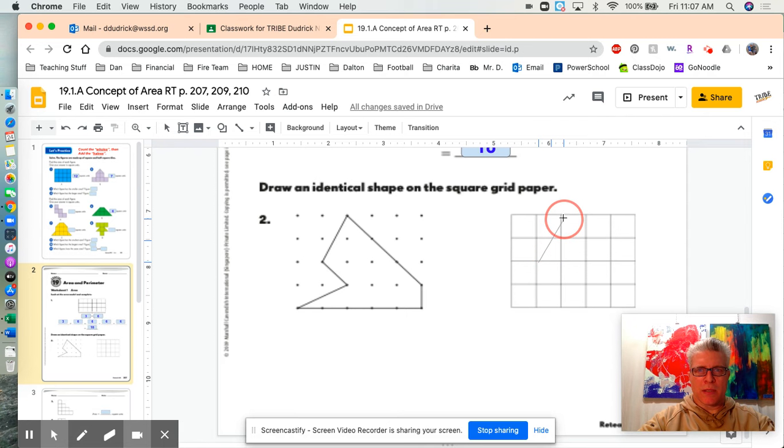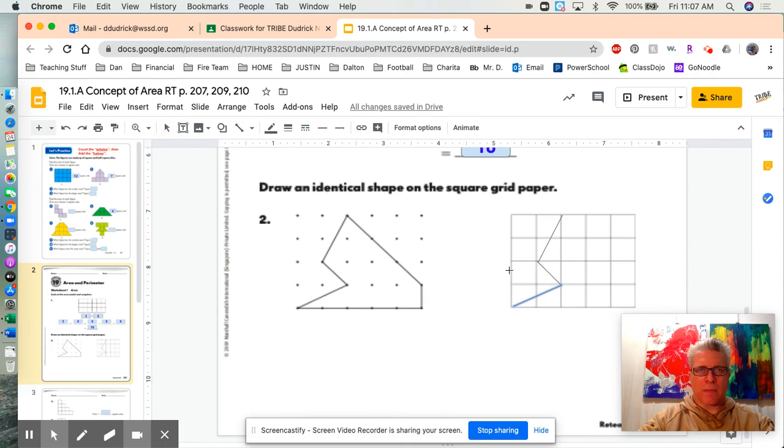from here to here. Then we're going to come back to the line button, and we're going to come down and to the right 1. Come back to the line again, and then we're going to go 2 to the left.